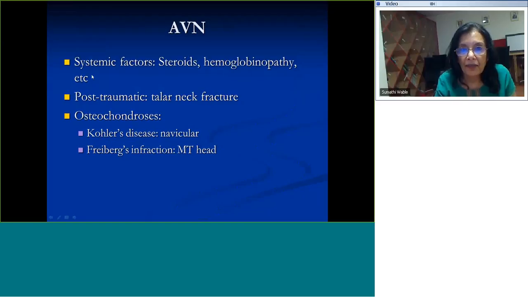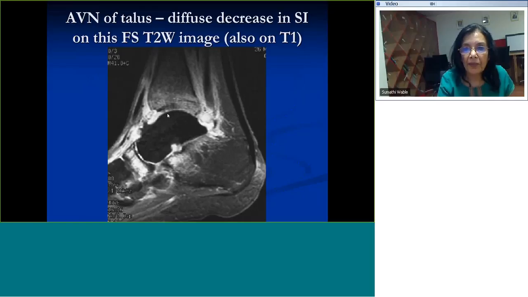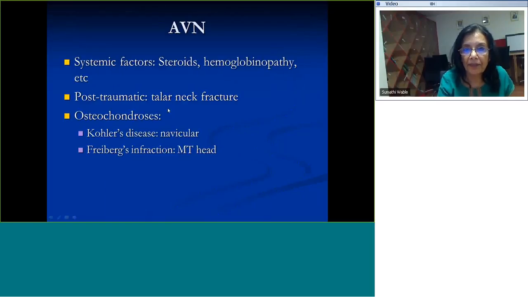Other causes of AVN, as you know, are talar neck fracture, especially displaced talar neck fractures, which are more susceptible for avascular necrosis because of their blood supply.